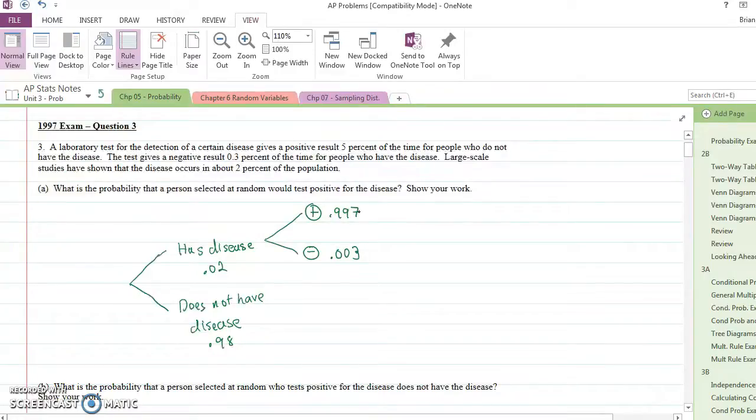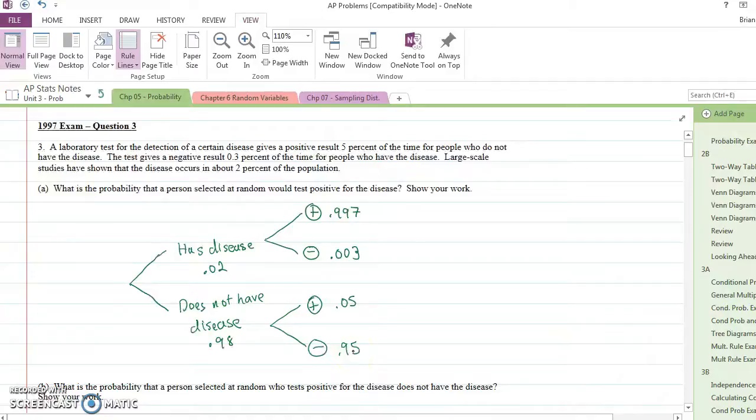It says 0.3%, so it's going to be 0.003. And if they don't have the disease, then there's actually, this is kind of high, a 5% chance of a false positive, which means there's a 95% chance that it'll be correctly negative.